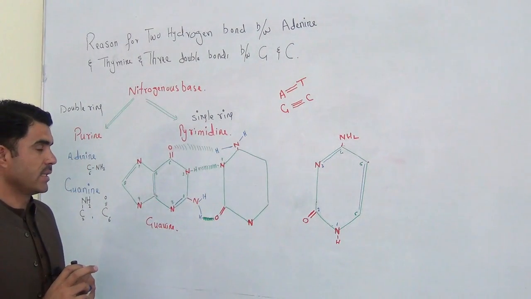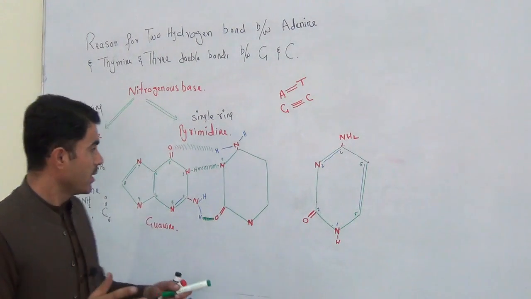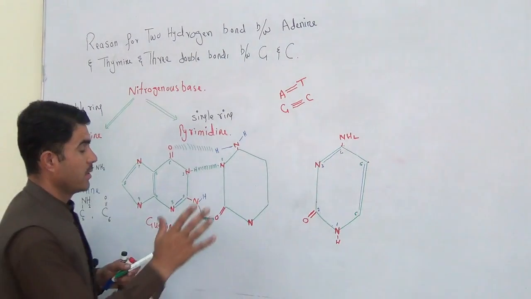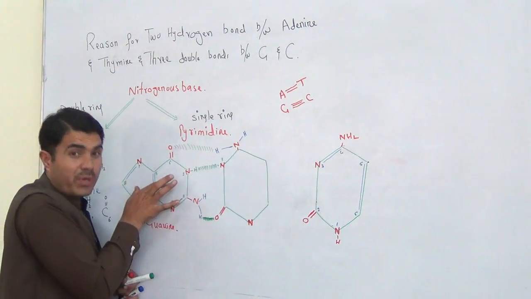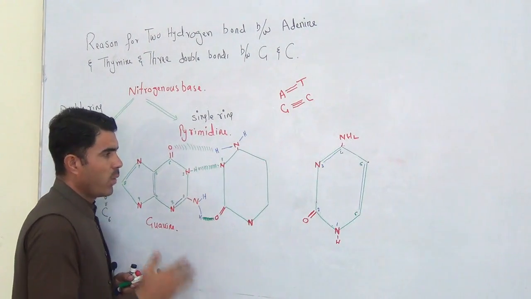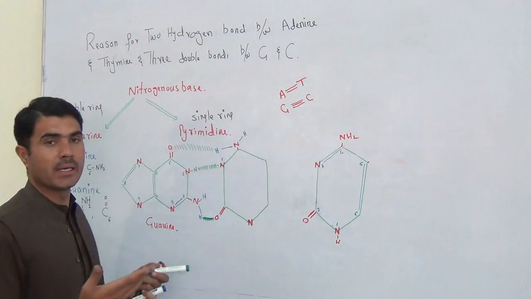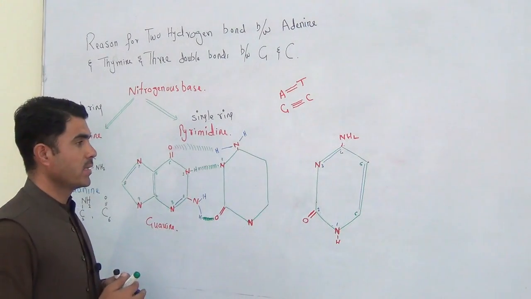Second question is, why is purine always bonded with pyrimidine? Why don't purine and pyrimidine link with their own kind?